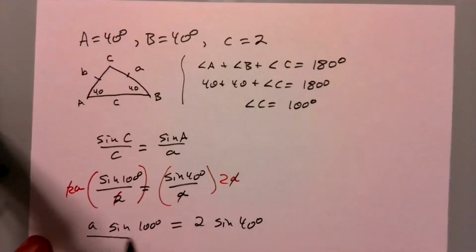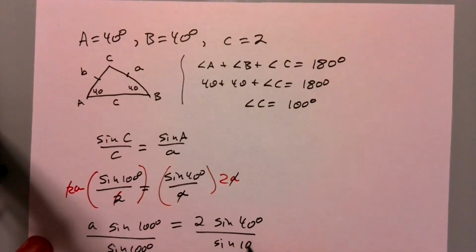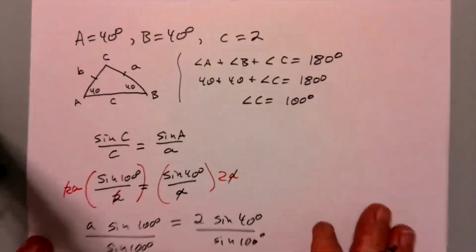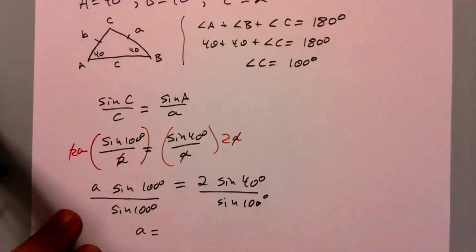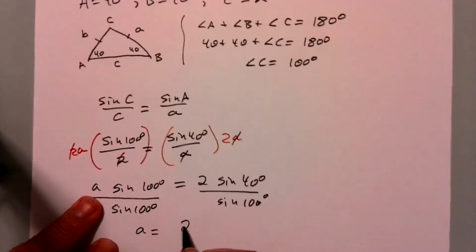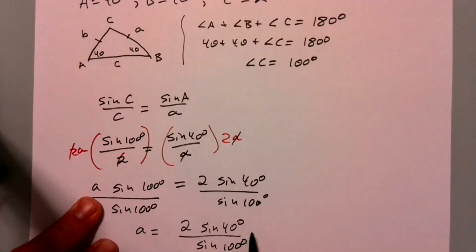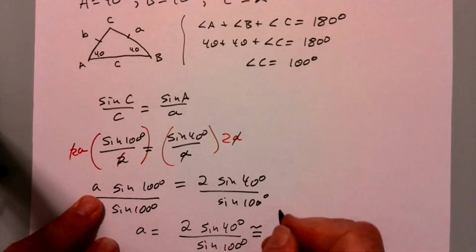Divide both sides by sine 100. And what do we have here? We have a equals 2 times sine 40 divided by sine 100. And let's see what that is approximately.